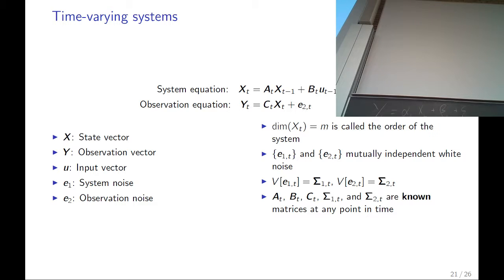Maybe we can write it in many ways. For now, I'll write an e_t here because it's a different error than the error up there. Now, if we have this system here, then we need to write an observation equation.